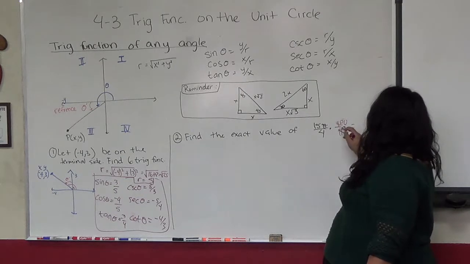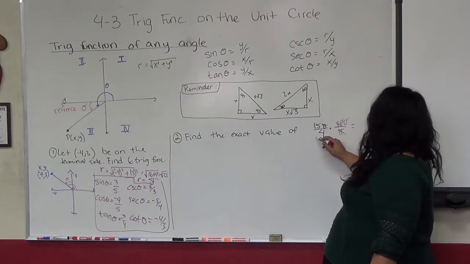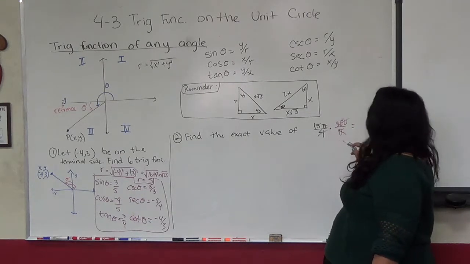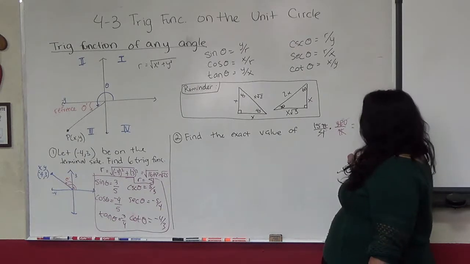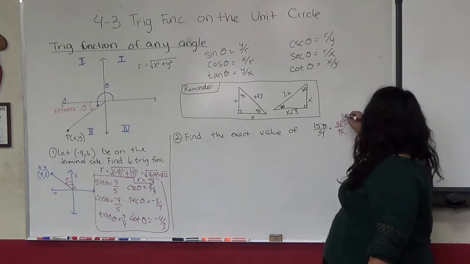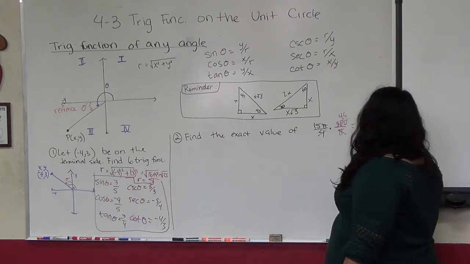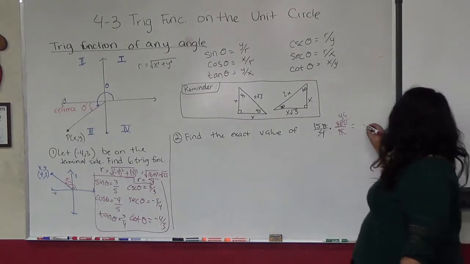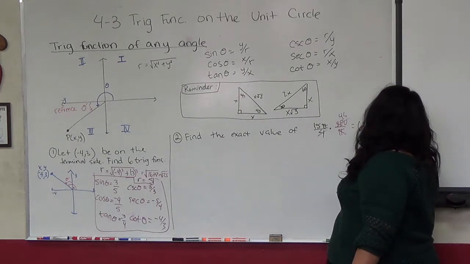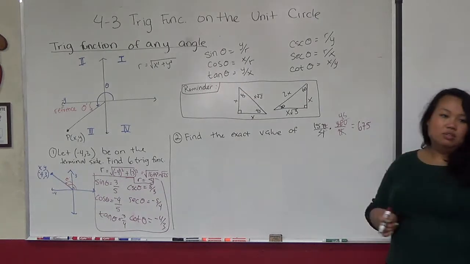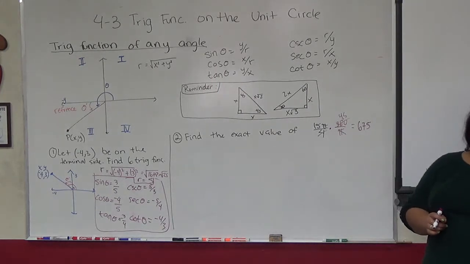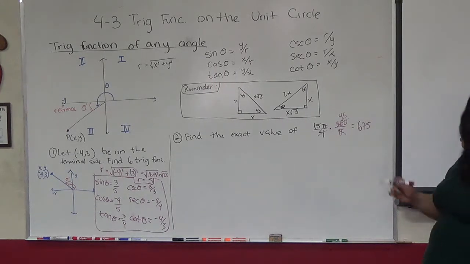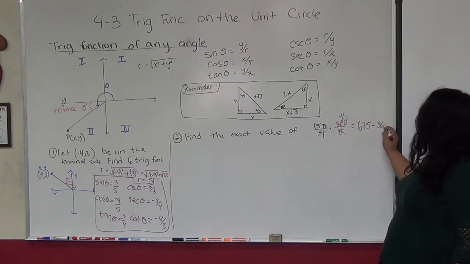I end up with, what's 180 divided by 4? 45. 45 times 15 is 675. So 675 degrees, right? It's not fully 2 circles yet, so I'm going to take away at least 1 circle, 360. What do I end up with?